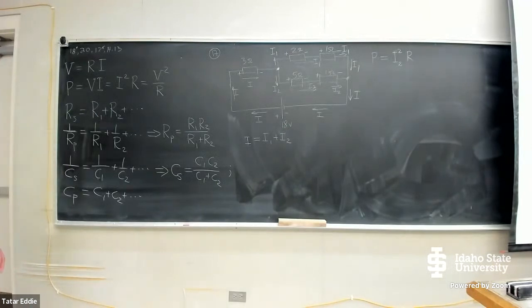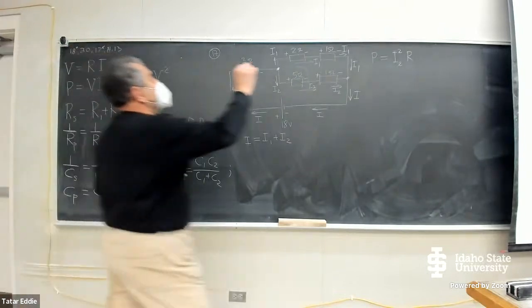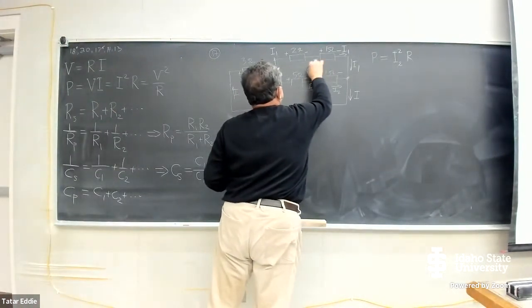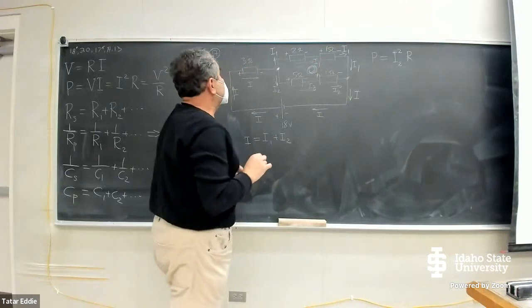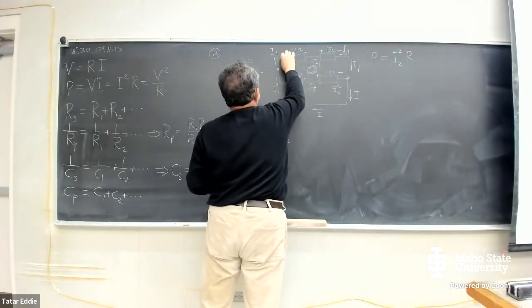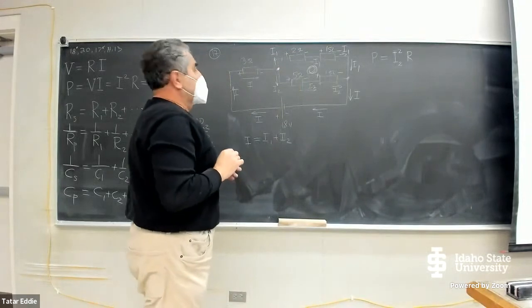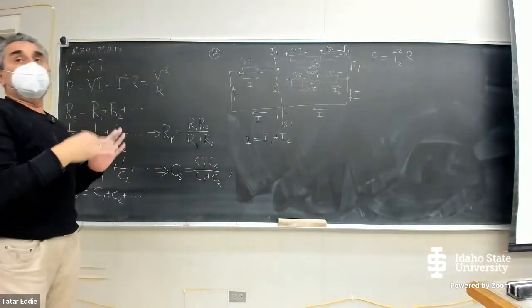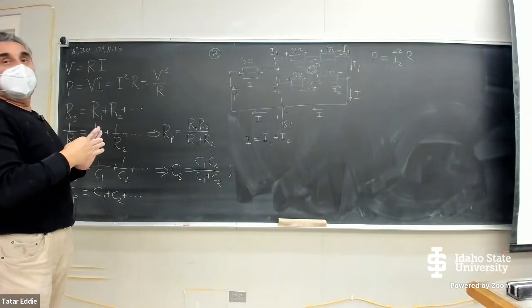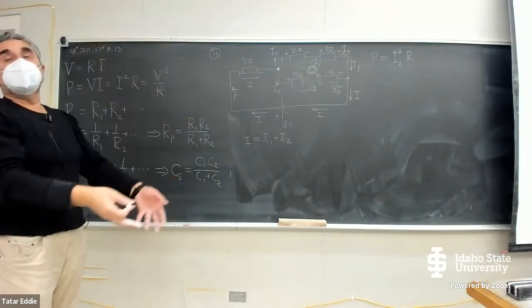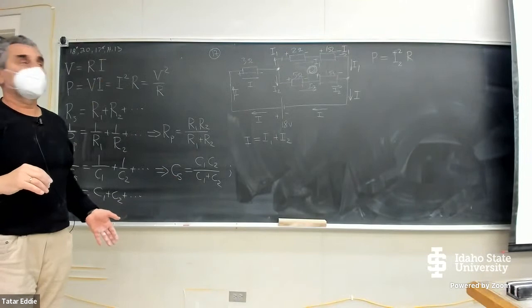The second equation is going to come from applying the loop rule for one of the 3 loops that are present in the circuit. So let's maybe use this loop right here and start from an arbitrary point on this loop. The rule is that the sum of the potential drops should be equal to the sum of the potential rises.